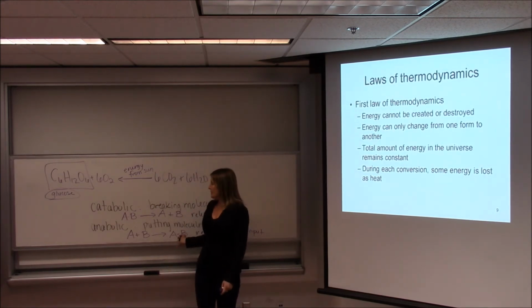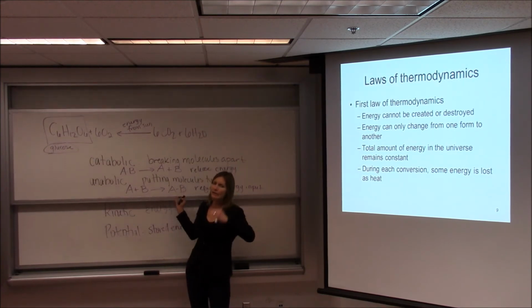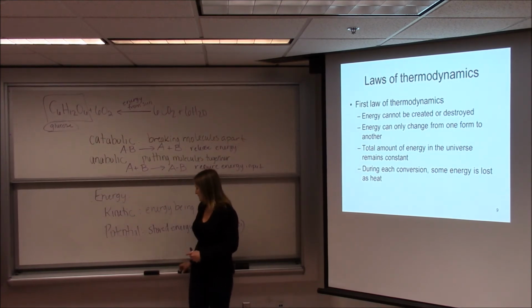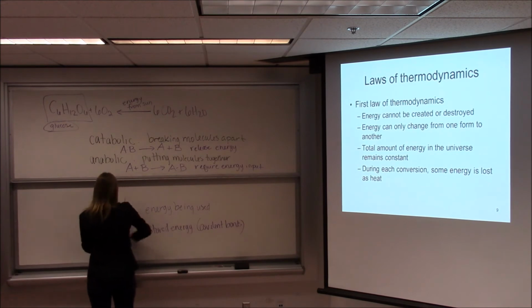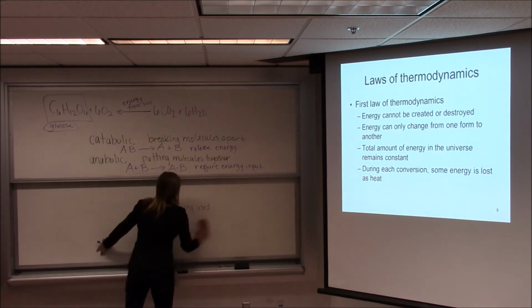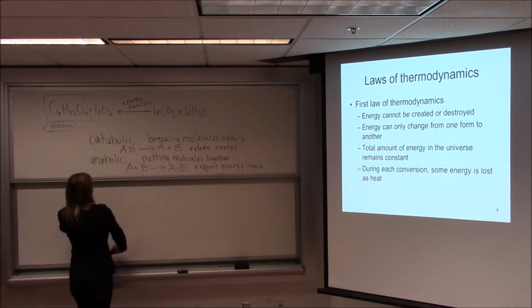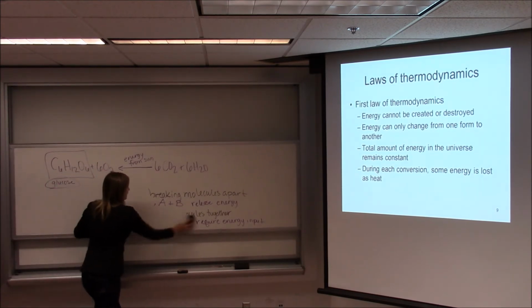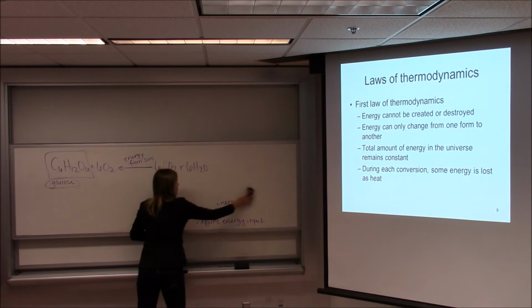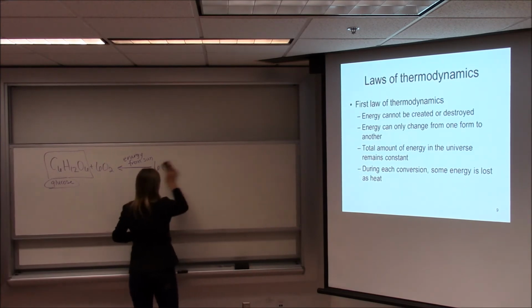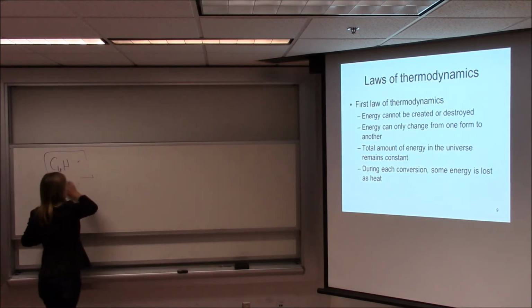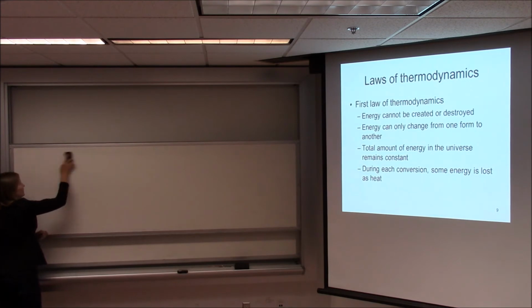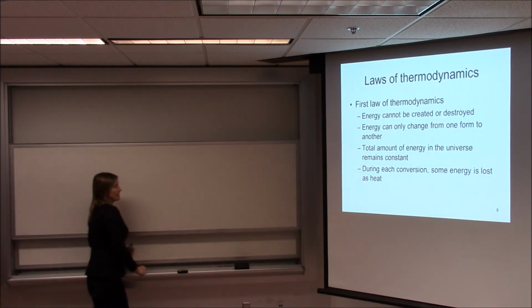Laws of thermodynamics. I know we're covering a lot of different topics in quick succession here, but these definitions are all really important to know. There are two major laws of thermodynamics that you need to know about. And they really all involve the fact that energy is not created or destroyed, it just changes form. And it's going to change from an orderly form to a disorderly form as we use it.